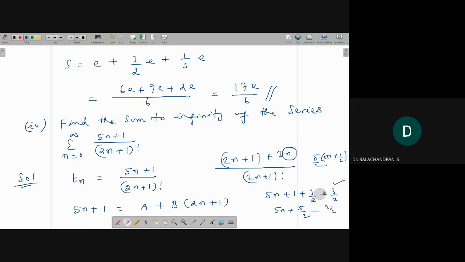So your idea is correct, but only a few students will write these types of things. The reason is this is not a general method. I think you understand what I am telling now.